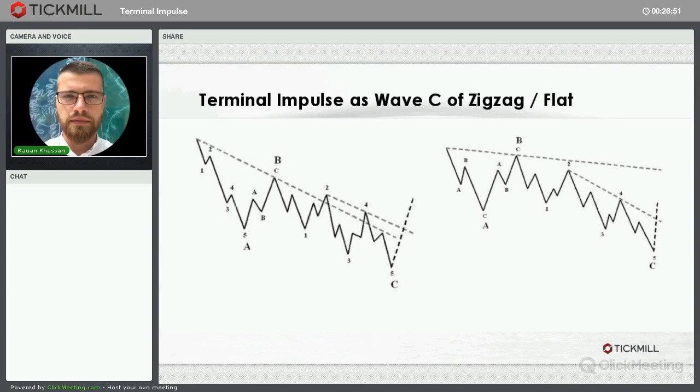Please pay attention to the fact that during the making up of a flat correction, signal line 0B is not necessarily crossed. It happens in particular for flats. Moreover, a flat correction with terminal impulse as wave C consists of 7 correction models in a row.